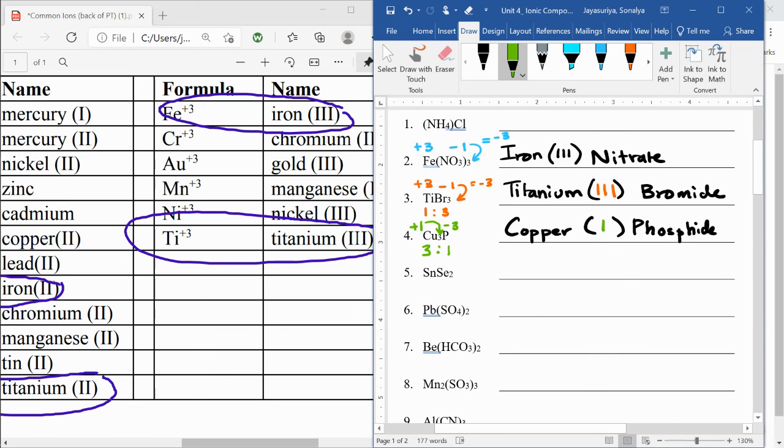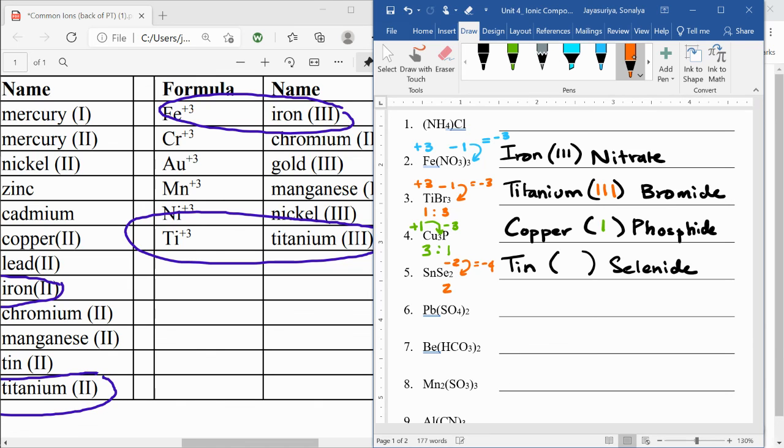Okay. Next one is SnSe2. Sn is tin, transition metal. So parentheses. Then Se is selenide. Selenium is in group 16. And group 16 selenium has a negative 2 charge. Negative 2 times 2 gives me a negative 4.